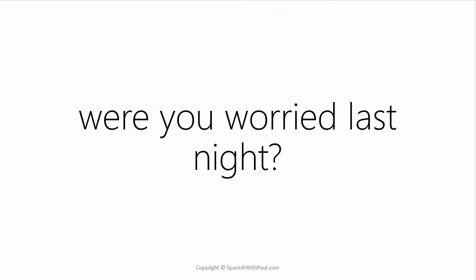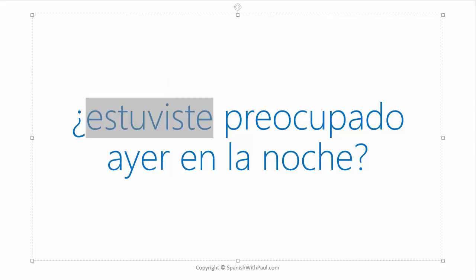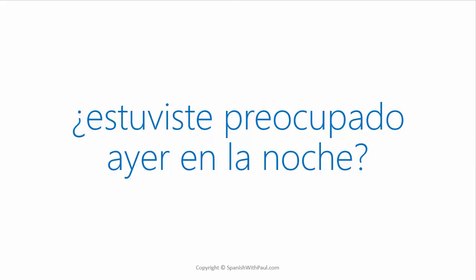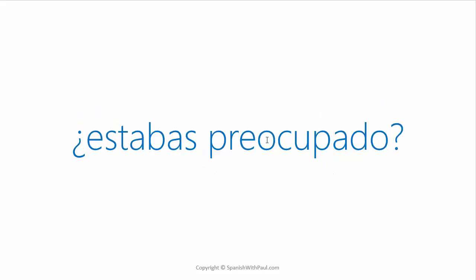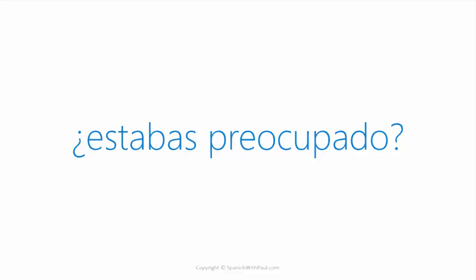Going back here would be estuviste preocupado ayer en la noche. You see how it changed there? For were you, estuviste in this example, but estabas in this one. It all depends on whether we're falling into the dot or a line in the past.